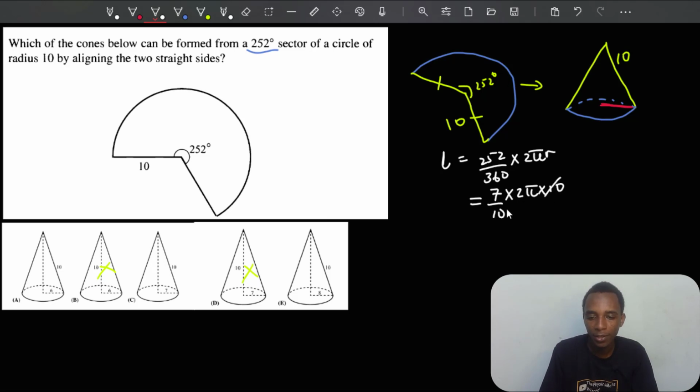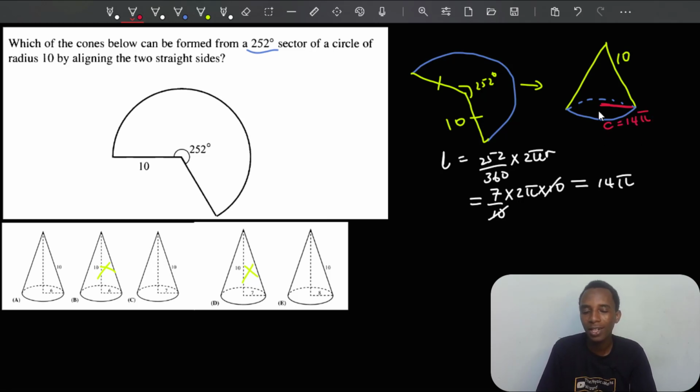So this cancels with this, and we'll have 14 pi. The length of this arc is 14 pi, which means the circumference of the base here is 14 pi.